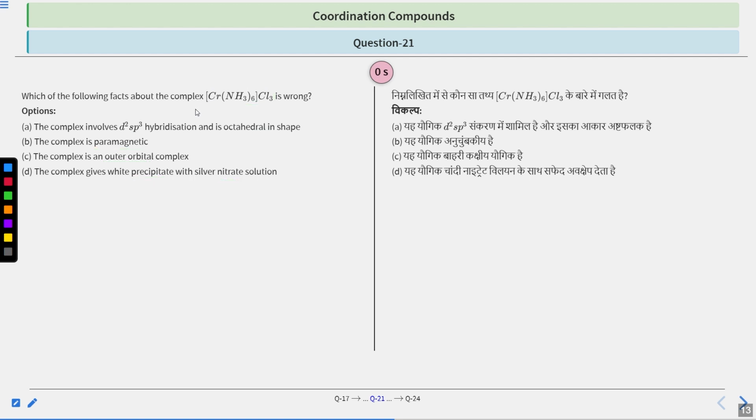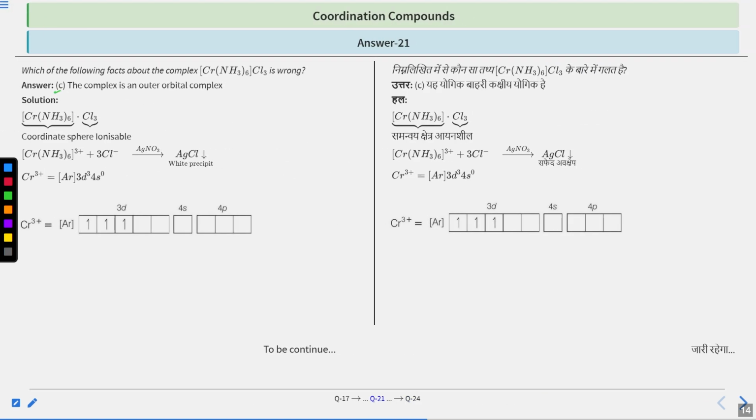Okay, let's see. So the correct answer is option C, that is, the complex is an outer orbital complex. So this is the complex Cr(NH3)6Cl3. This is the coordination sphere. And the 3 chlorines present outside of the coordination sphere are ionizable. Because whatever species or ions or ligands are inside the coordination sphere cannot be ionizable.